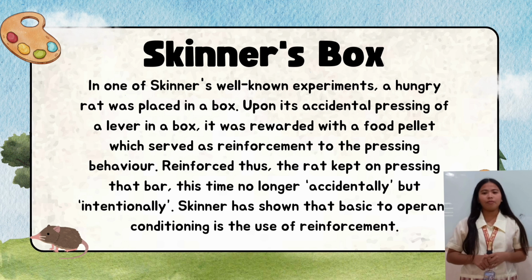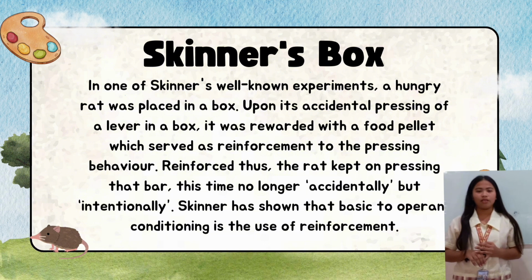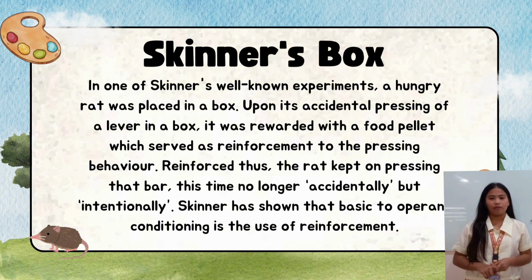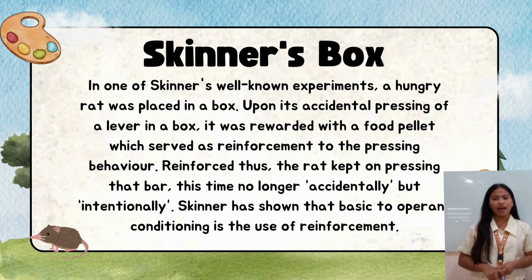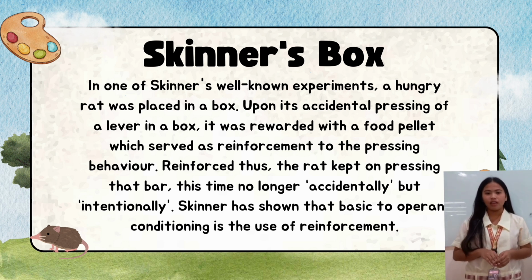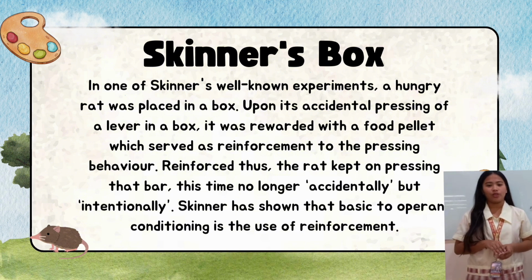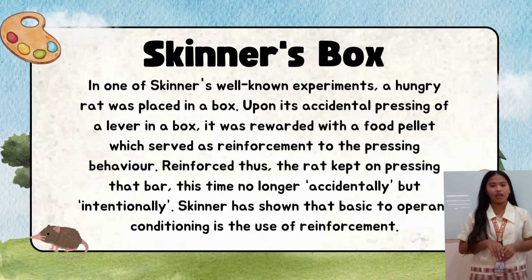His famous experiment is a rat in a box, known as Skinner's box. A hungry rat was placed in a box. Upon its accidental pressing of a lever in the box, it was rewarded with a food pellet, which served as reinforcement to the pressing behavior.